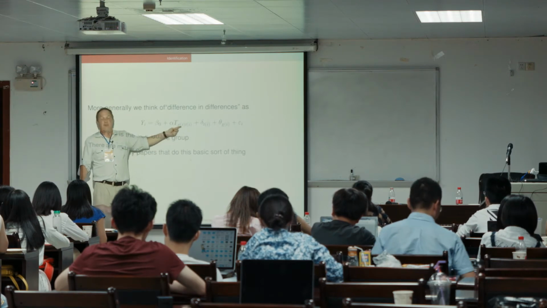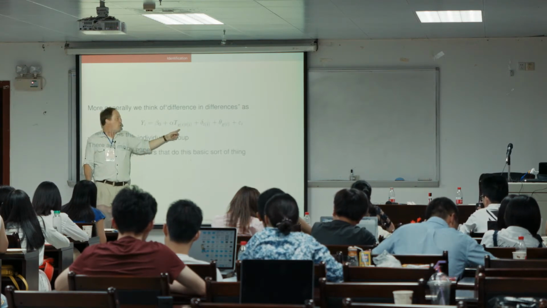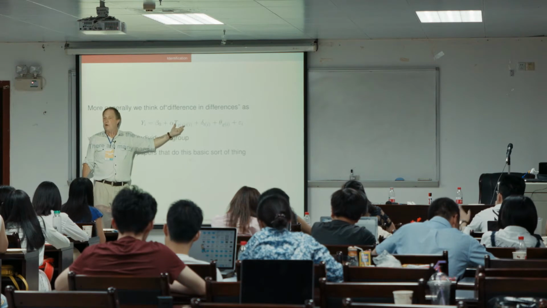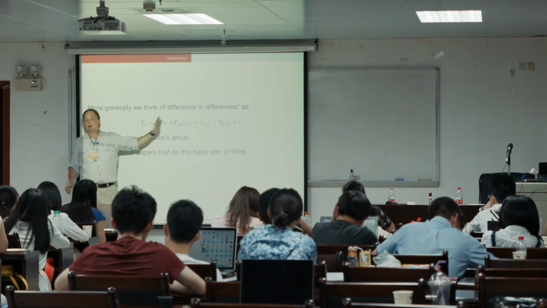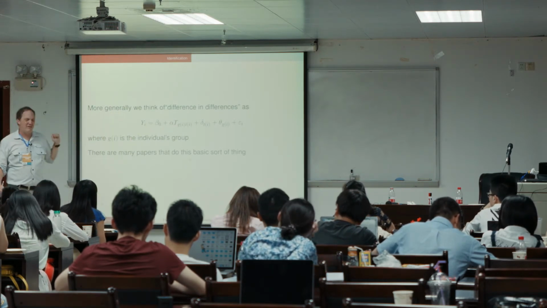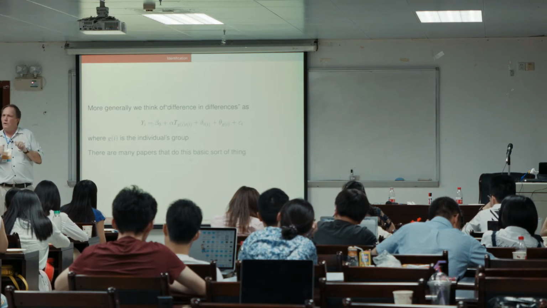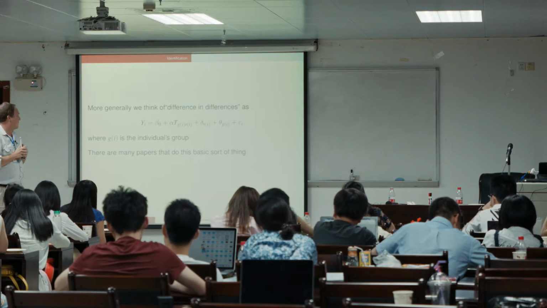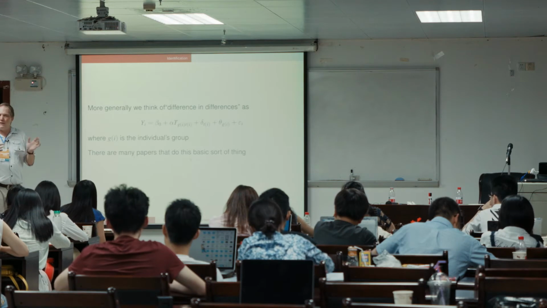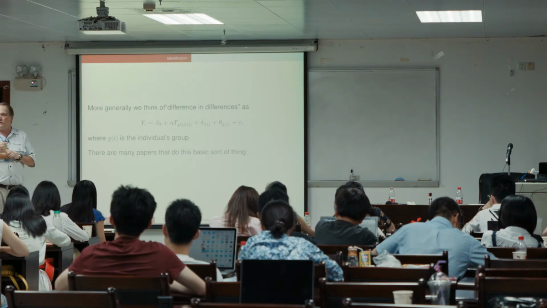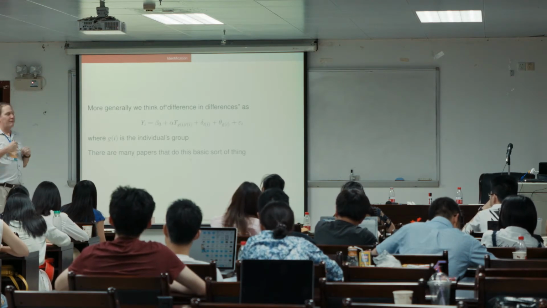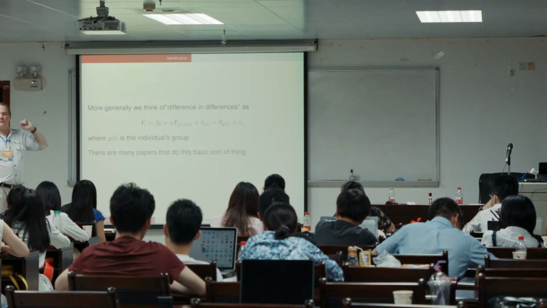Right? There's no variation of this within the group. So if I know your group and I know your time, I know what your treatment is, and I can estimate the effect. So this is difference in differences. This is super important, and it works particularly well in the U.S. because we've got 50 states. The states change their policies.